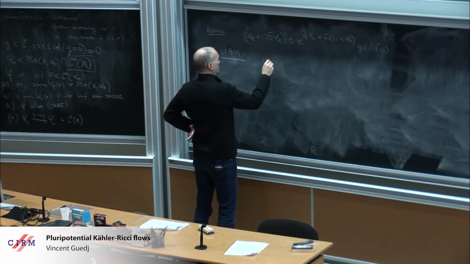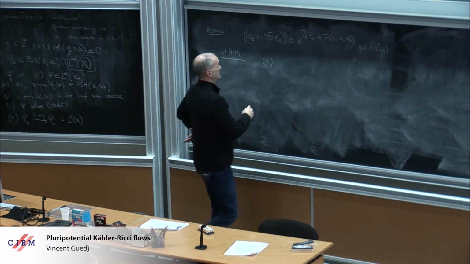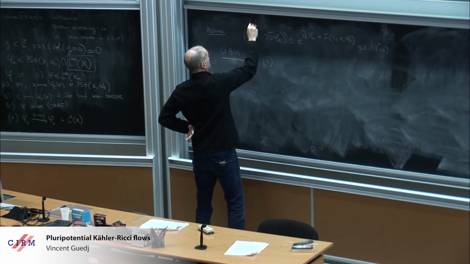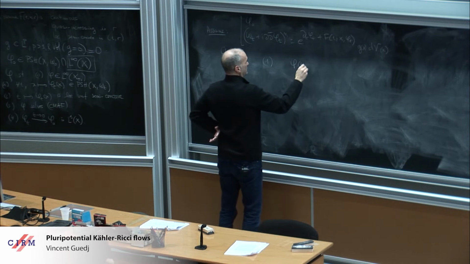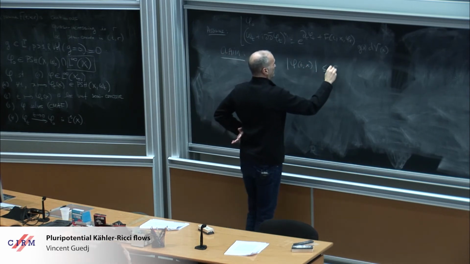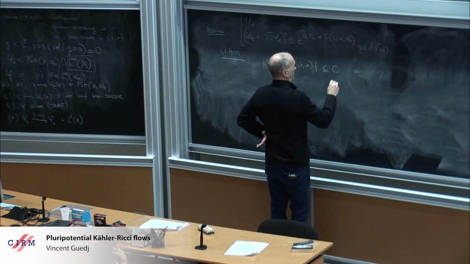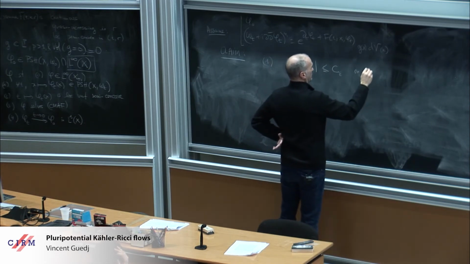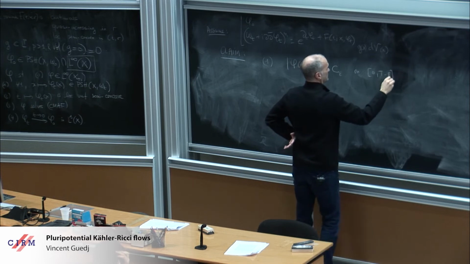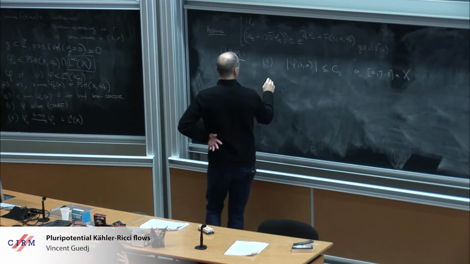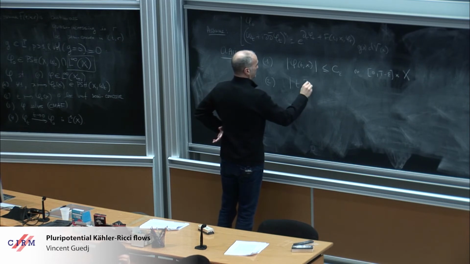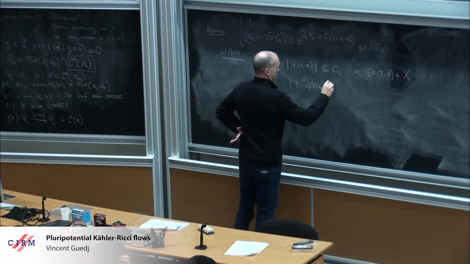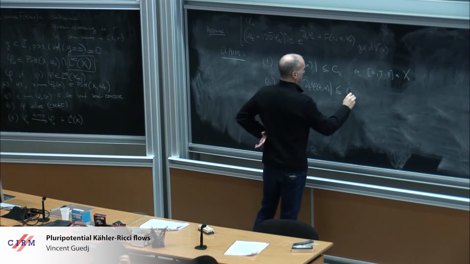So the claim will be that, first, in this context with the initial data phi 0, phi(t,x) is uniformly bounded, maybe on [0, T minus epsilon] cross X. Second, that t times the time derivative of phi will be bounded by yet another constant.